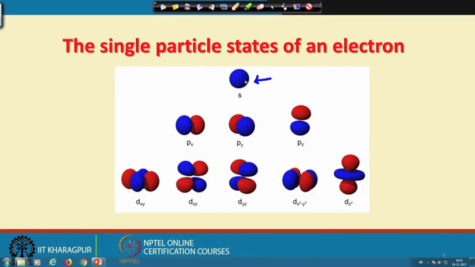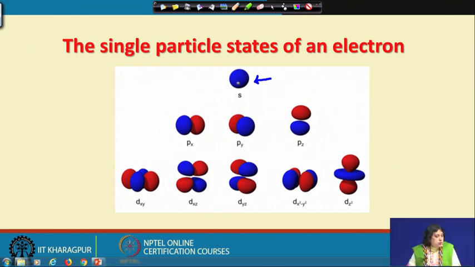So, basically I am connecting all the regions around the nucleus where the probability of finding the electron is at least 90%. And so, for the s electron, what I find is that this is a small spherical region, and one thing that you note is that this has been colored using a single color.